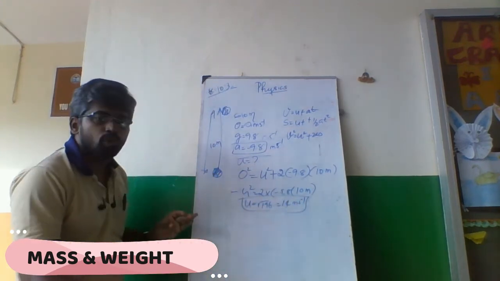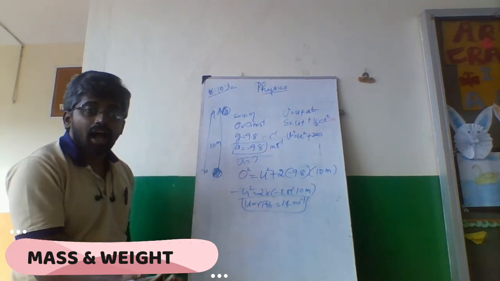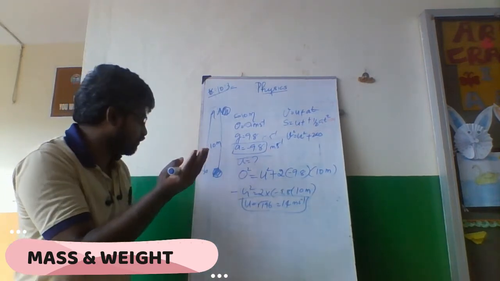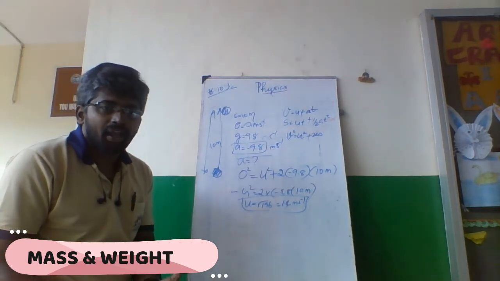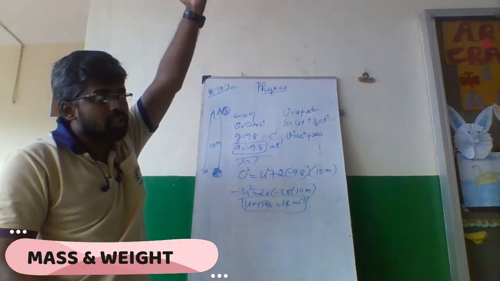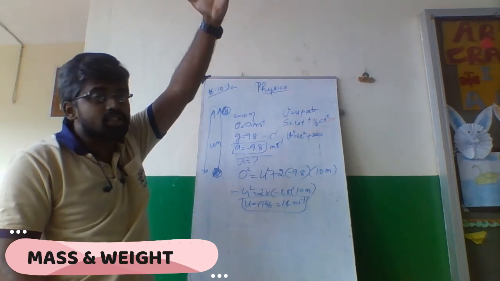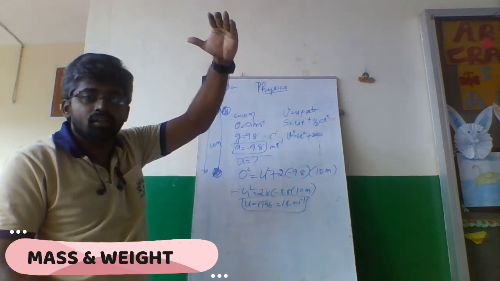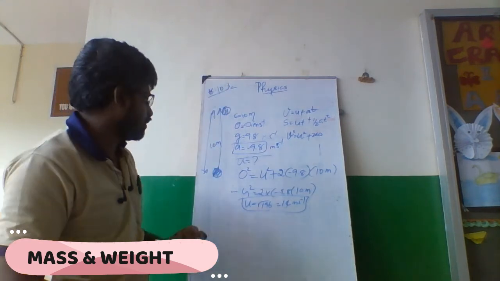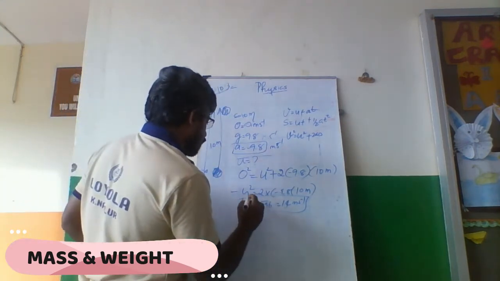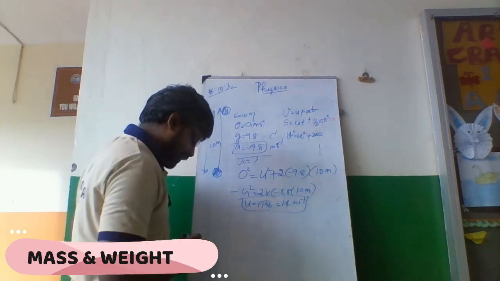Now I am throwing the particular object at 14 meter per second, and from my hand it is going to 10 meters and it reaches 0 meter per second, final velocity 0, then it comes down. So u is equal to 14 meter per second.